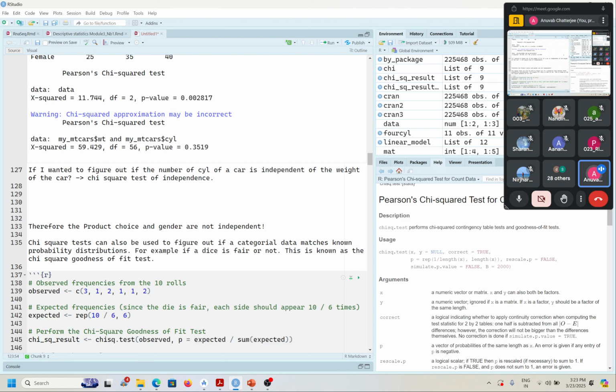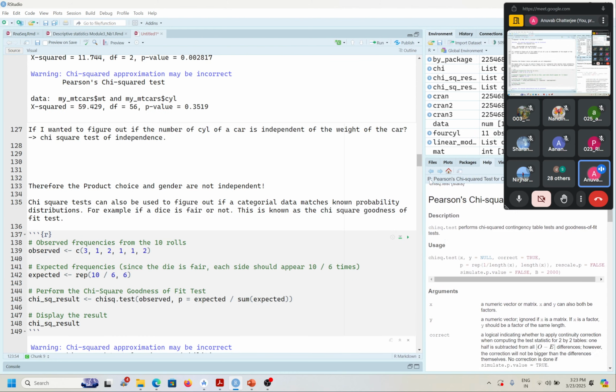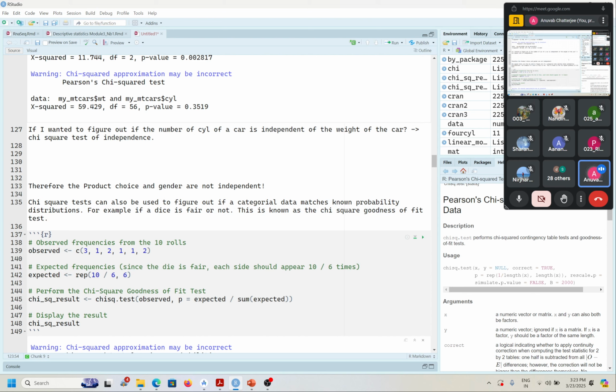The next type of chi-square test that we can use is called the chi-square goodness of fit test. In this case, you try and figure out, say last time we were talking about heads and tails and the number of times heads or tails occur, whether the coin is fair or not.